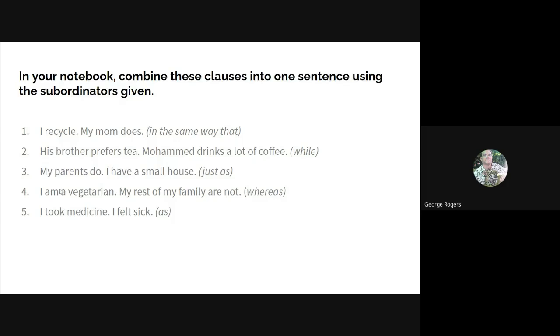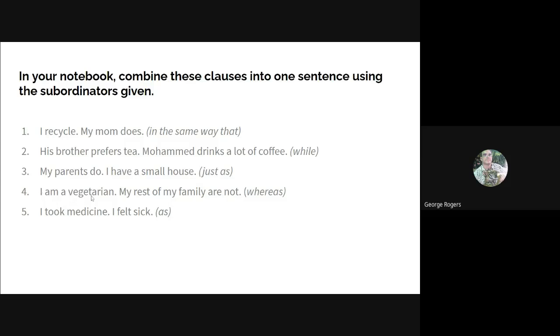If that's all you see, this is dependent. There needs to be a little bit more information here. This part can't be standalone. Again, an independent clause: I have a small house. Just as is what you're trying to use. This one is comparing small houses. So try to put those together properly in one sentence. Number 4.